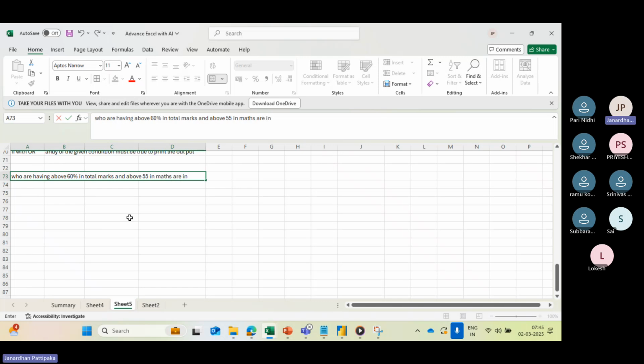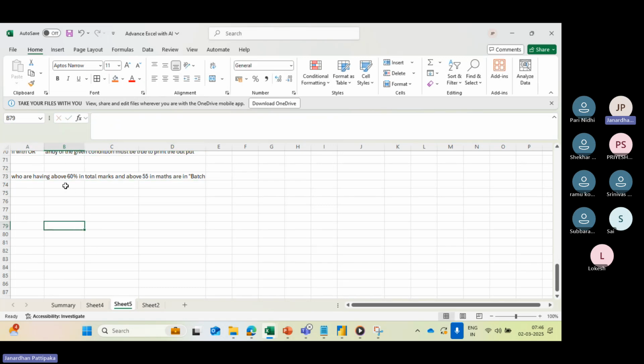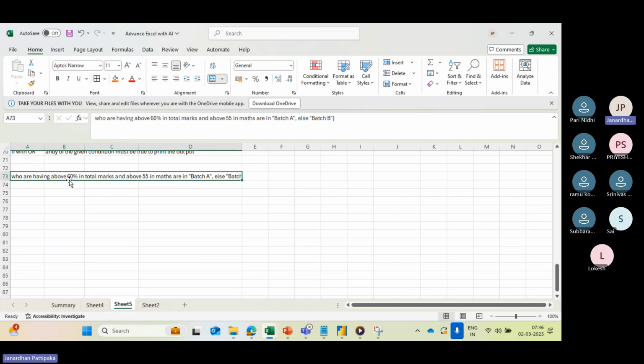You need to place them in batch A. Else, I want to keep them in batch B. So the management has decided to prepare a list of candidates and segregate them into batches related to their percentage. They have put the criteria: the students' total mark percentage should be above 60 and in maths they should get 55. If both conditions match, then only the person will be moved to batch A. Otherwise, they will keep that person in batch B.